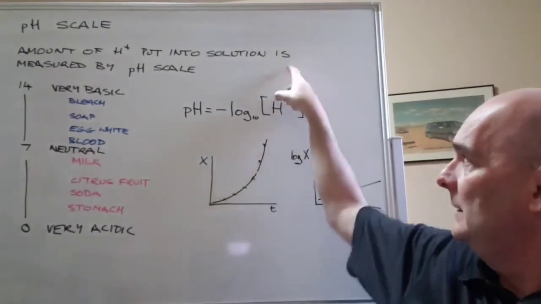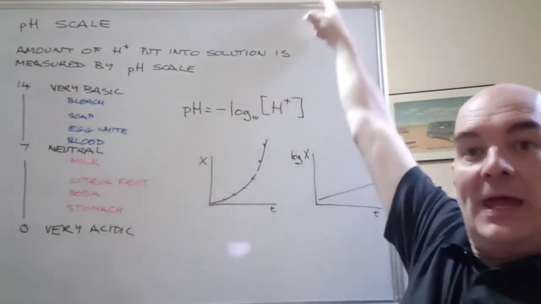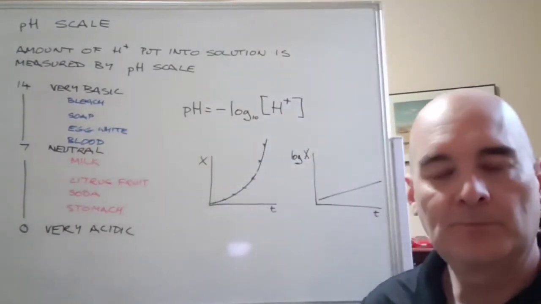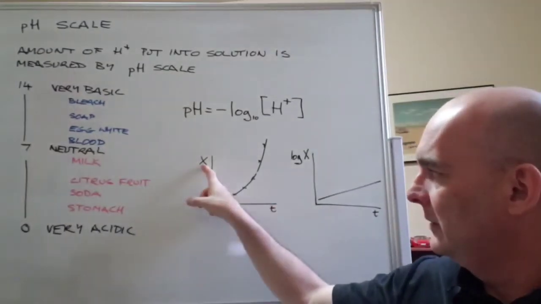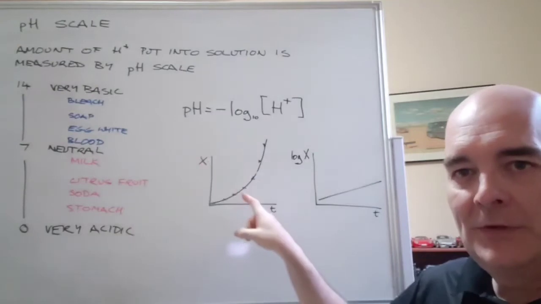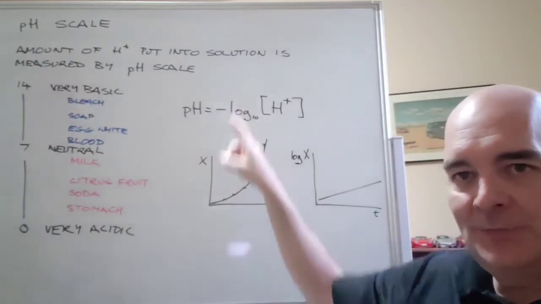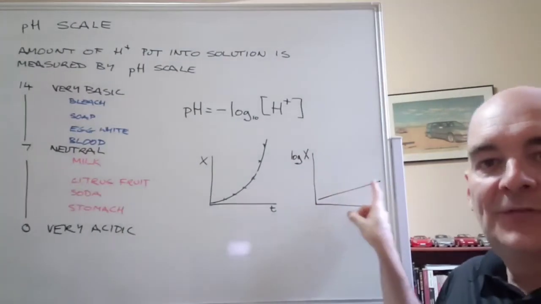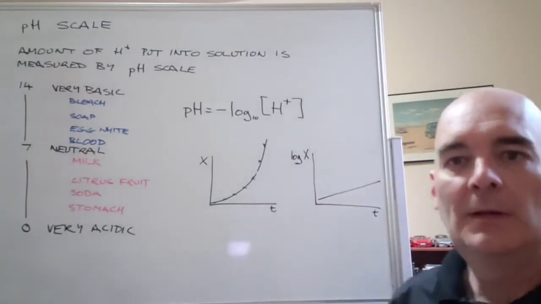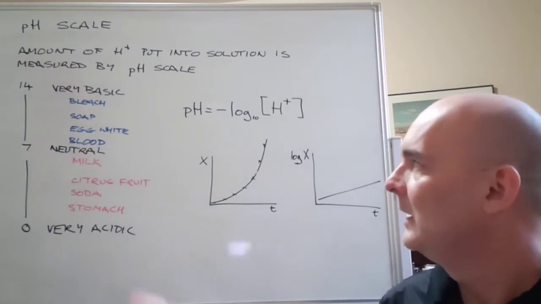And the next day, you'll be here. And the day after that, you're going to be all the way up here. If we take the log of the number that's showing big changes between the numbers, the log scale is flattened. That's why we use logs.